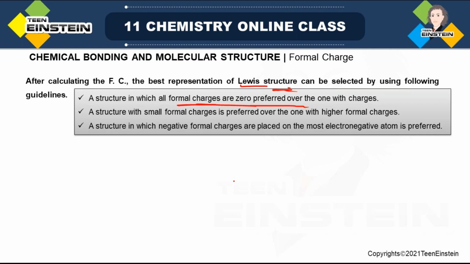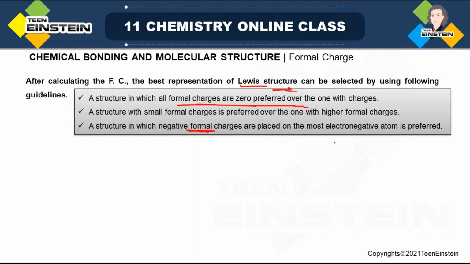And suppose there are two possibilities where you can put the negative charge. You just have to compare which one is more electronegative. On the more electronegative atom you should place the negative formal charge, and vice versa: a positive formal charge should be placed on the more electropositive atom. So these are some of the points we have to keep in mind.